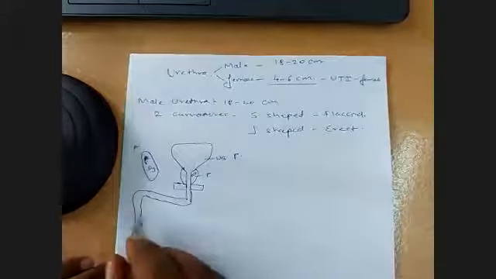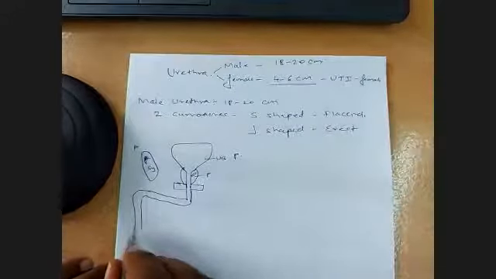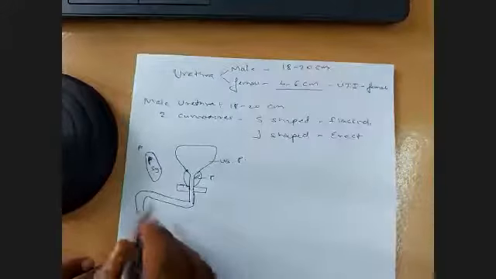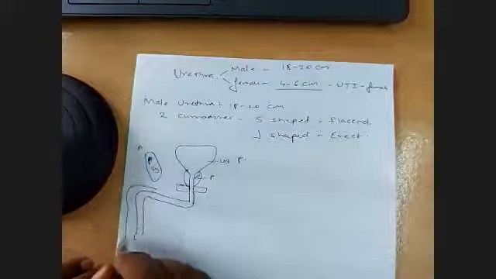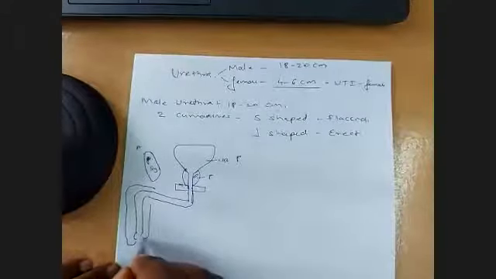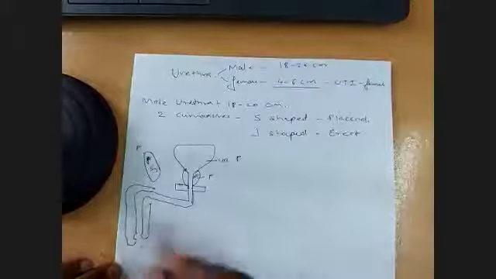So this is how the penis becomes S-shaped, and the terminal part is the navicular fossa. So this is the penis in a flaccid state.